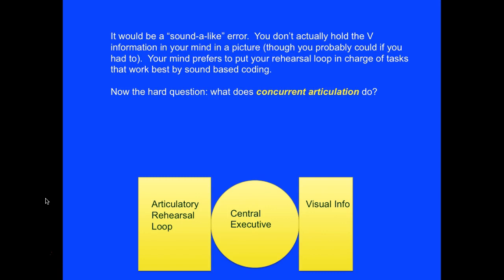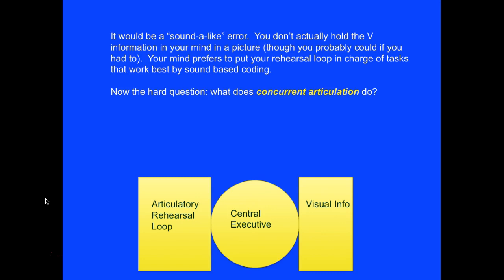However, how does concurrent articulation change that fact? Well, in concurrent articulation, neither list gets any rehearsal. If you're doing a really honest job with concurrent articulation, you can't use rehearsal for the word list. Simply put, your rehearsal mechanism is taken out of the task because you've been given a dual task.